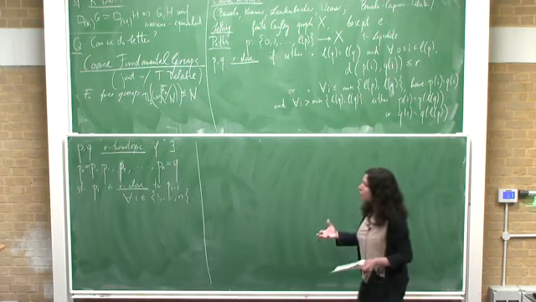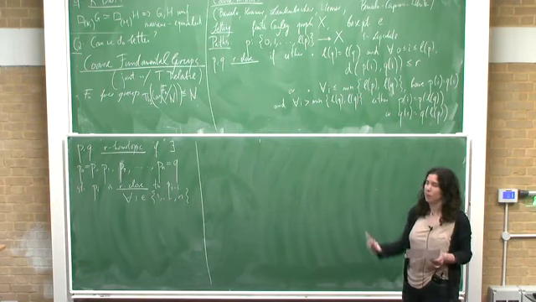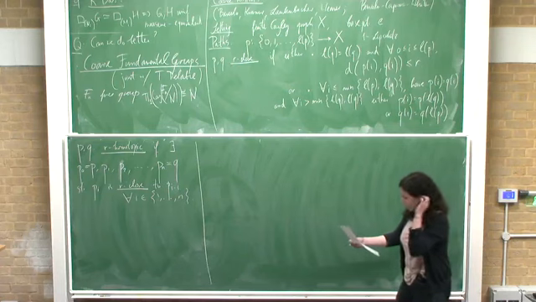Okay, so basically you can jump from P to Q using R-homotopic paths, R-close paths.